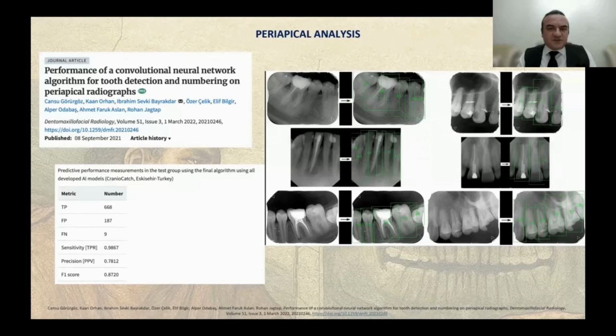When we check the literature, nowadays tooth numbering, not only for the deciduous teeth but for the permanent teeth, is over 95% correctly diagnosed with different kinds of algorithms.